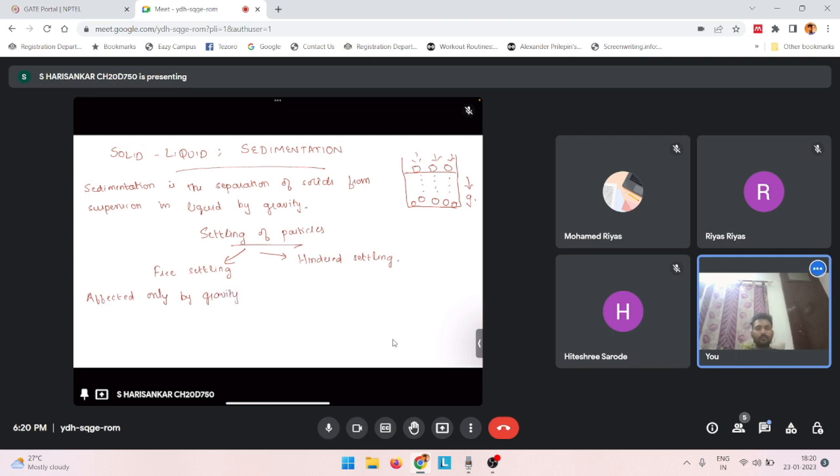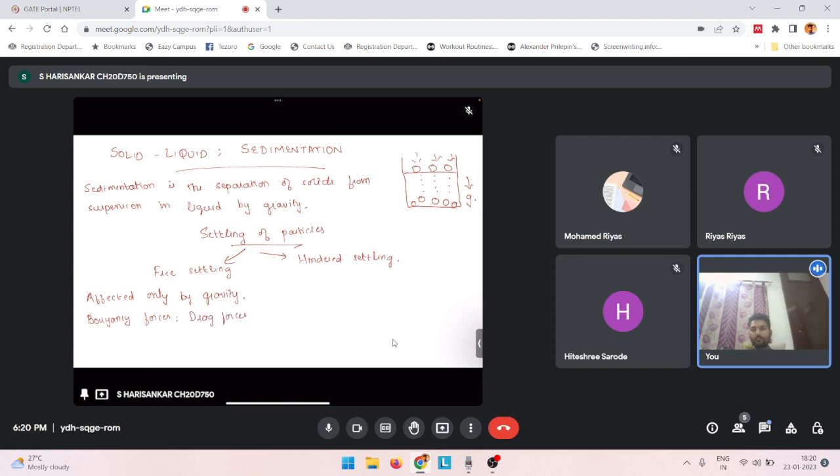When you do the force balance, the only external force having a major effect is gravity. And of course, because it is a solid sinking in liquid, you will also have buoyancy forces, and that is applicable for both free settling as well as hindered settling. You'll have buoyancy forces as well as drag forces.